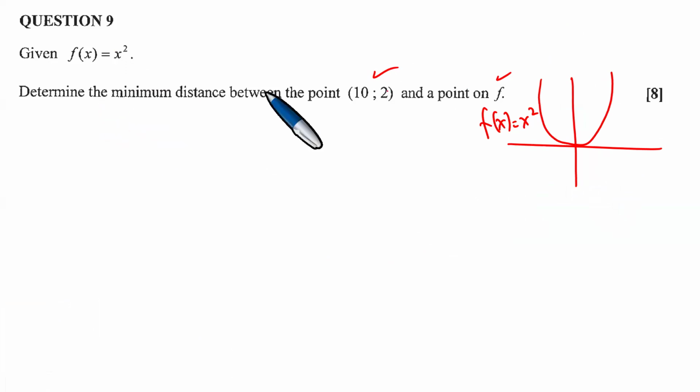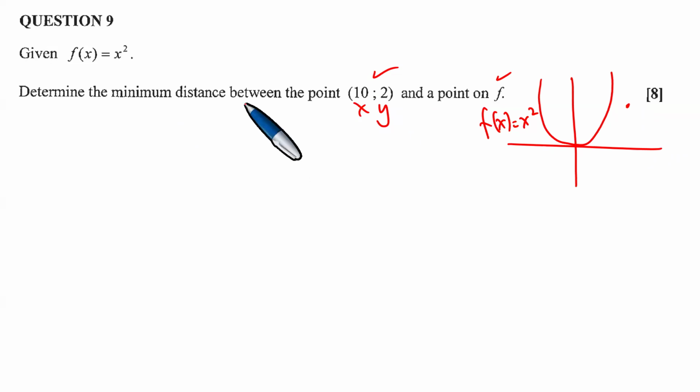Determine the minimum distance between the point (10, 2) and a point on f. Okay, where is this point, when x is 10?